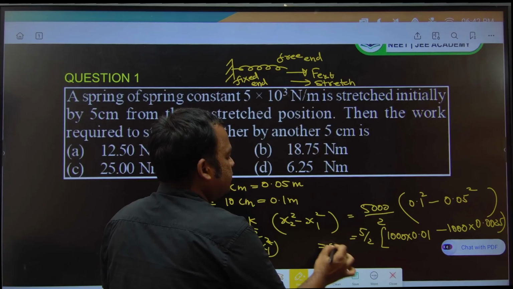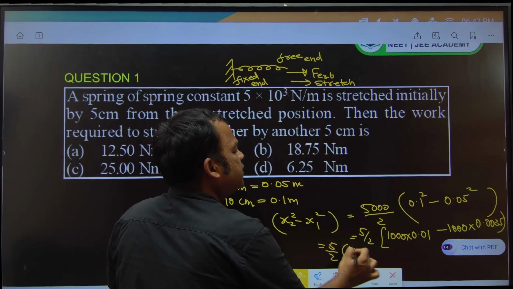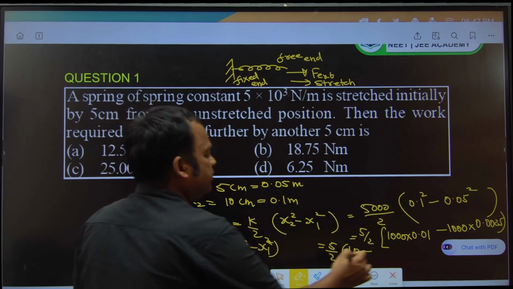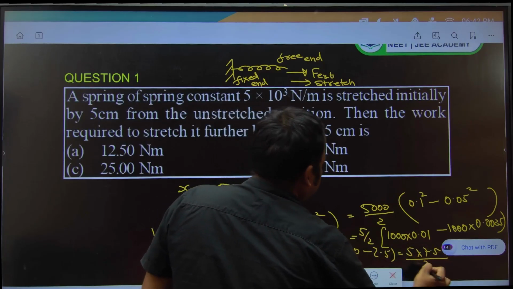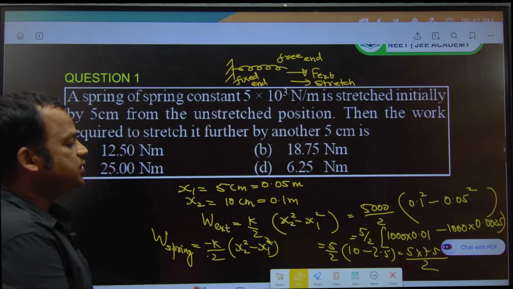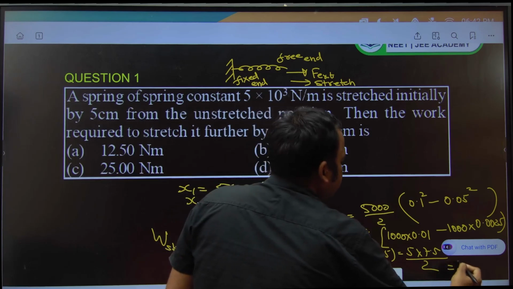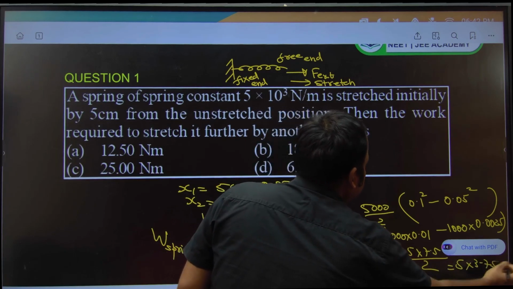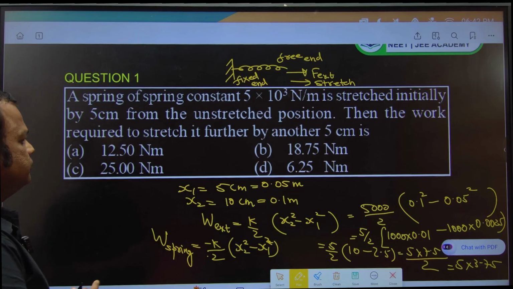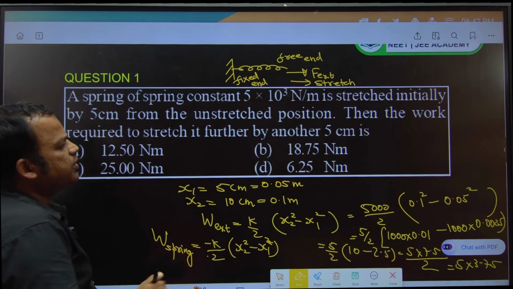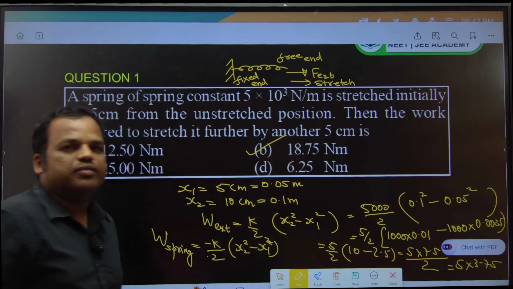That is equal to 5 by 2 into 10 minus 2.5. So 5 into 7.5 by 2, that is 5 into 3.75. So 18.75, that is our answer.